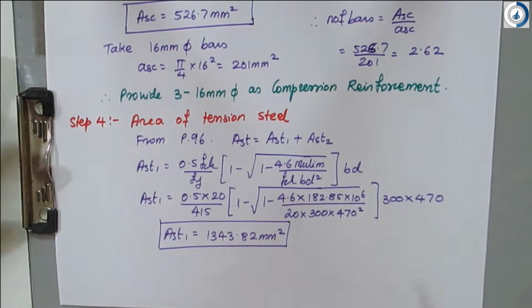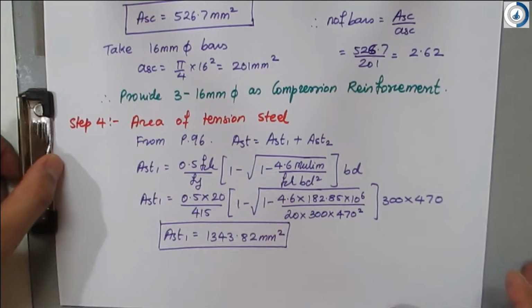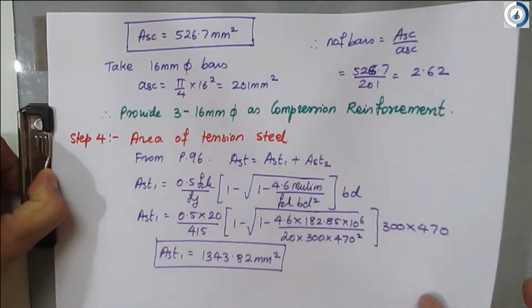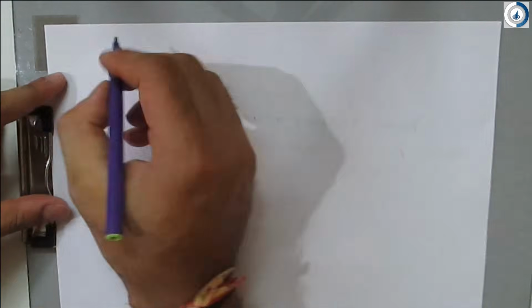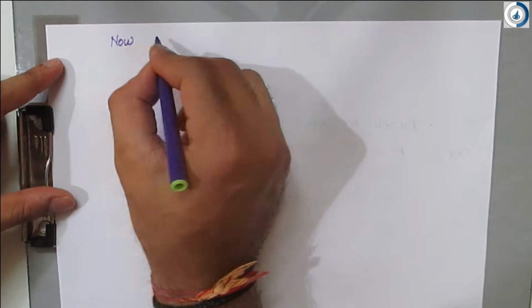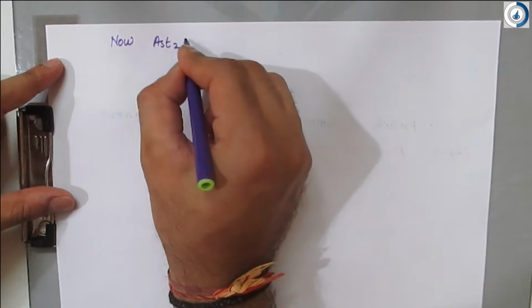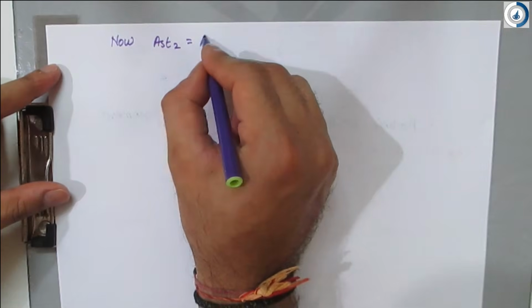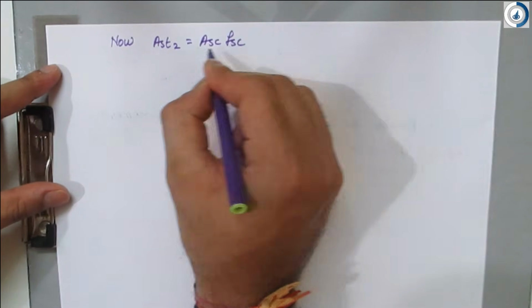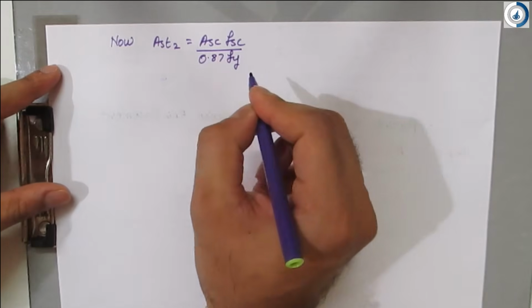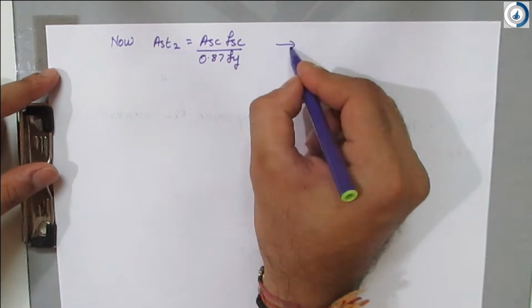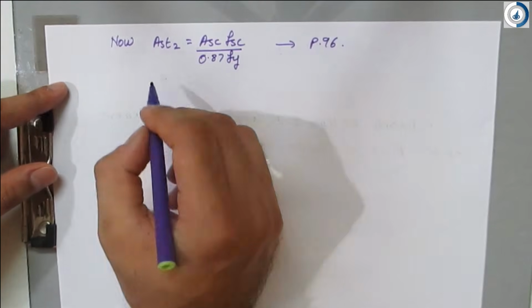Now AST2, the additional tensile reinforcement, you have to calculate. AST2 equals ASC FSC divided by 0.87 Fy, and this is given on page number 96.